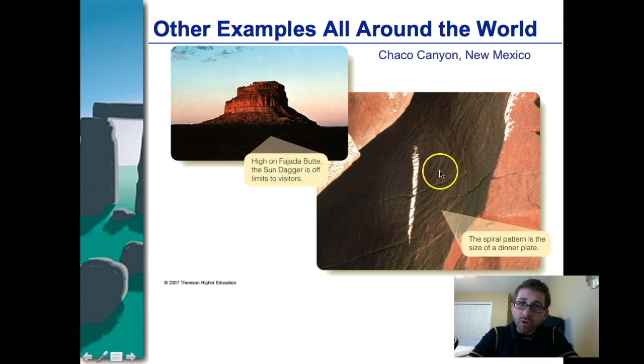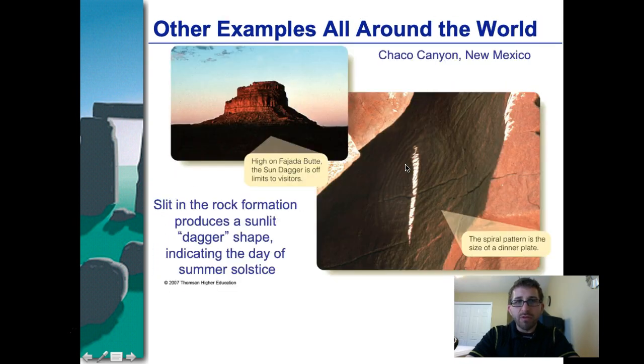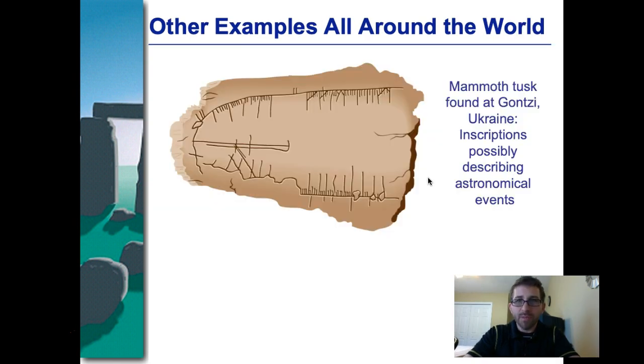If you look at the picture on the right, you can see this bullseye shape, and on specific days of the year, like the summer solstice, the Sun Dagger, which is created by two rocks that are facing towards the sun, creates this dagger effect where the dagger goes right through the center of the bullseye on that particular day. Any other day of the year, and it would be somewhere other than the center of the bullseye. So, once again, thought to be of astronomical significance.